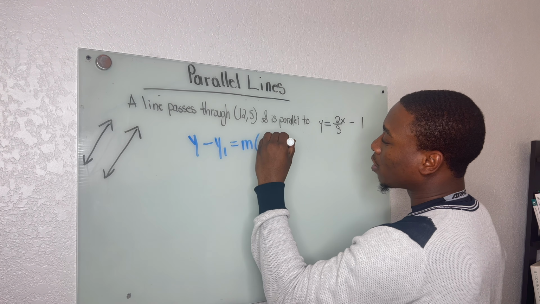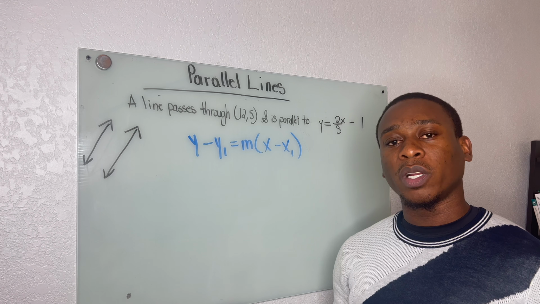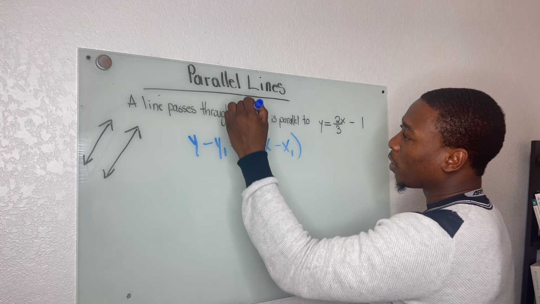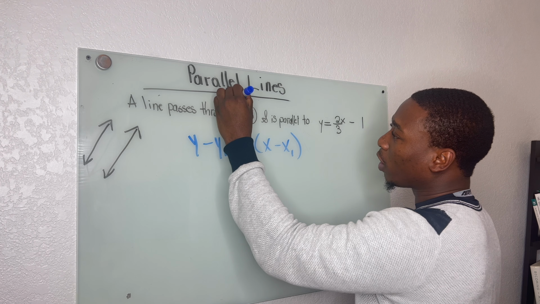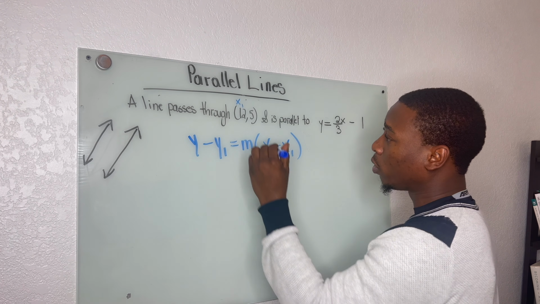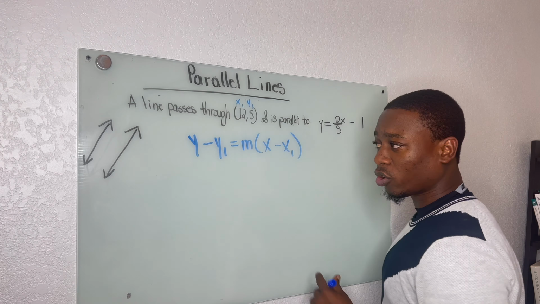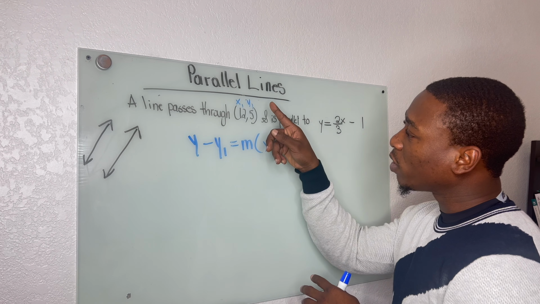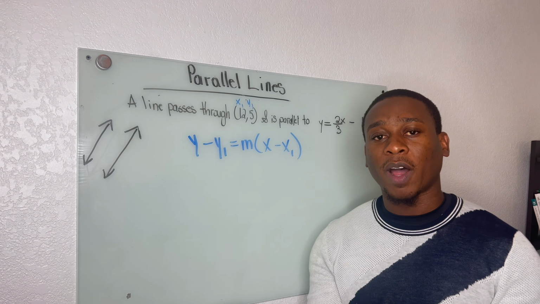So before we start really breaking down the problem and substituting numbers, let's really speak about what this equation stands for. So we should know that with the point given, we have our x1 term and our y1 term. So where we see x1, we're going to substitute 12, and where we see y1, we're going to substitute 5.